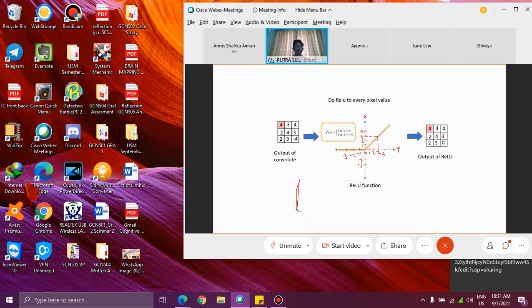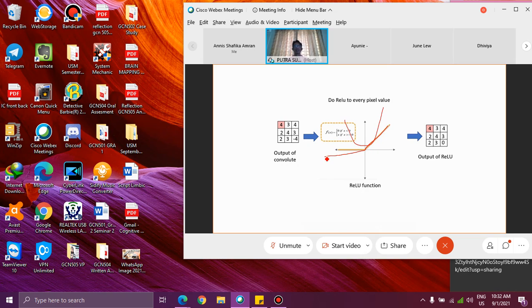You can have other things. You can have a function like, in this case ReLU, you can have a function like this, or you can have a function like this, it's up to you.